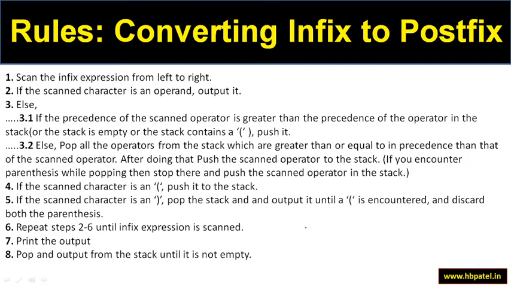Then we have two things over here. We have a stack on which we'll be pushing all those operators, and we have an output on which we'll be putting the final result. So if the scanned character is an operand, output it. Supposing it is like this, a plus b, and we go from left to right, the very first one is my operand, so we put it in output.